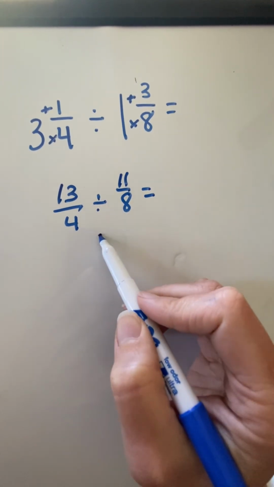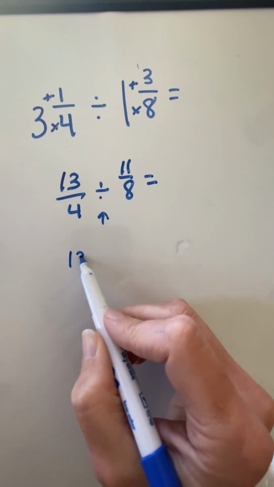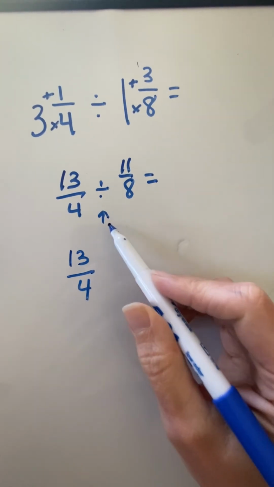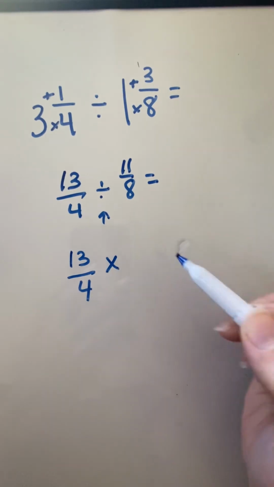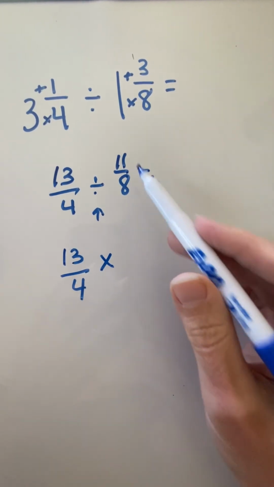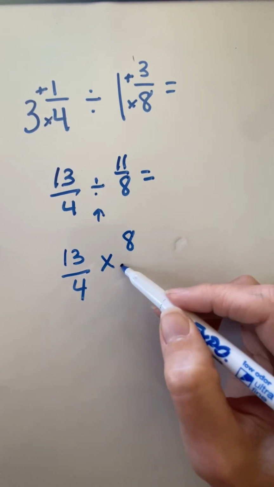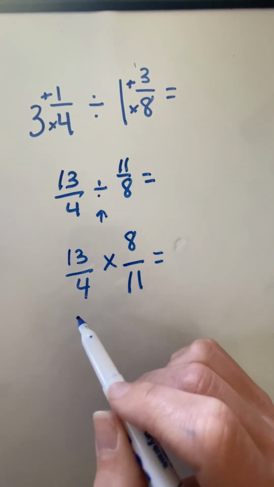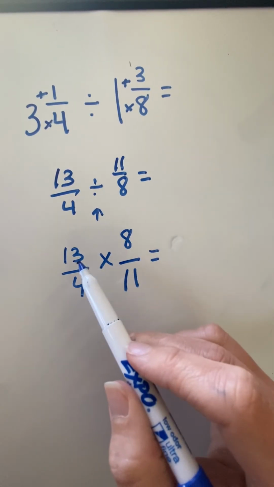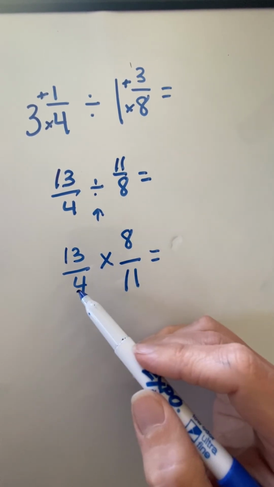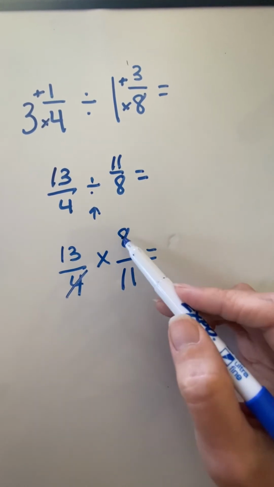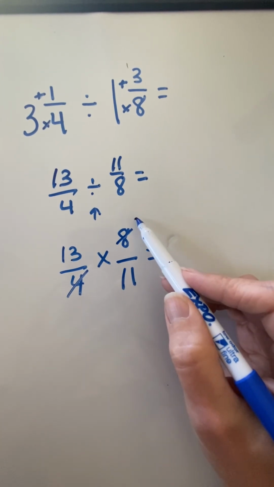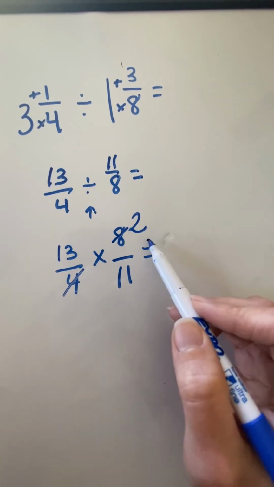Now, when you divide, what you do is you change the sign to multiplication, and then you flip this guy around and you do what's called the reciprocal. Okay? So just like in the last problem where I showed you that 8 divided by 4 is 2, you can just take 4 out of both of those, get 2, then you have 2 left.